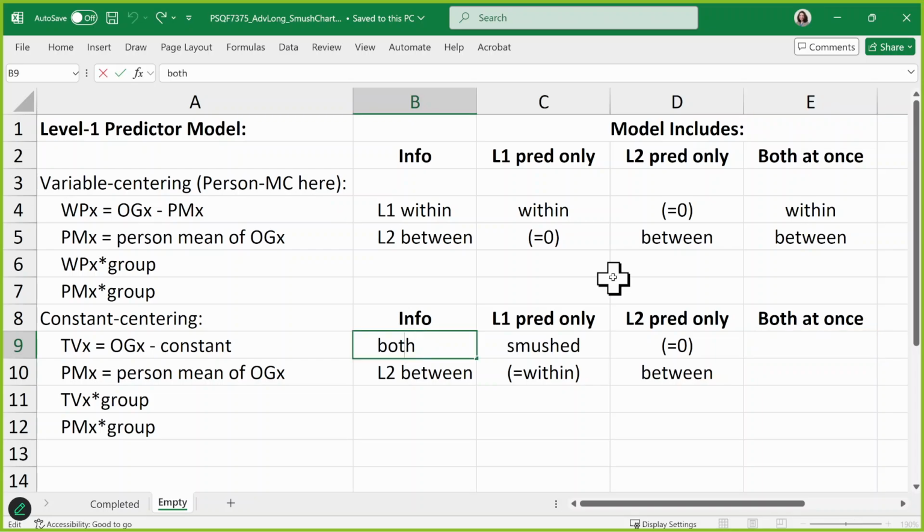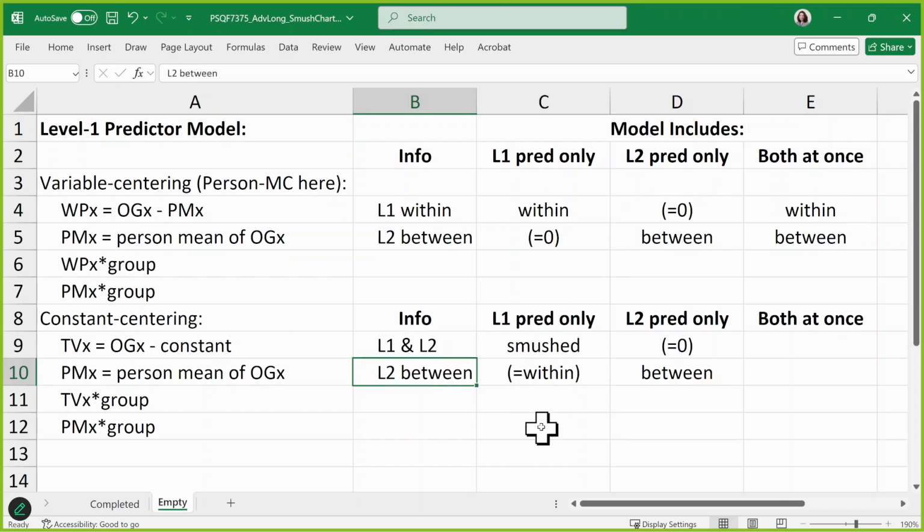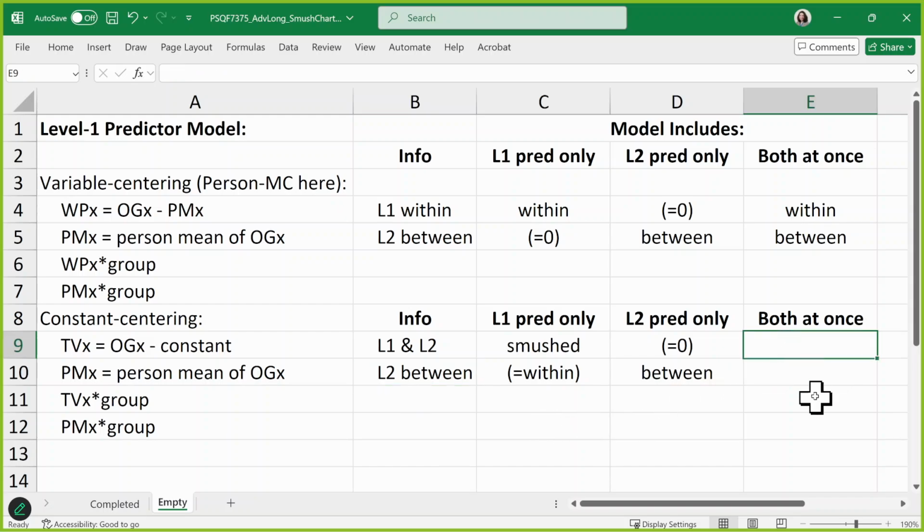So rather than saying both, I'm going to make this a little more explicit. I have level 1 and level 2 in here. I've now controlled for the level 2 part. What do I get left? Yeah, level 1.